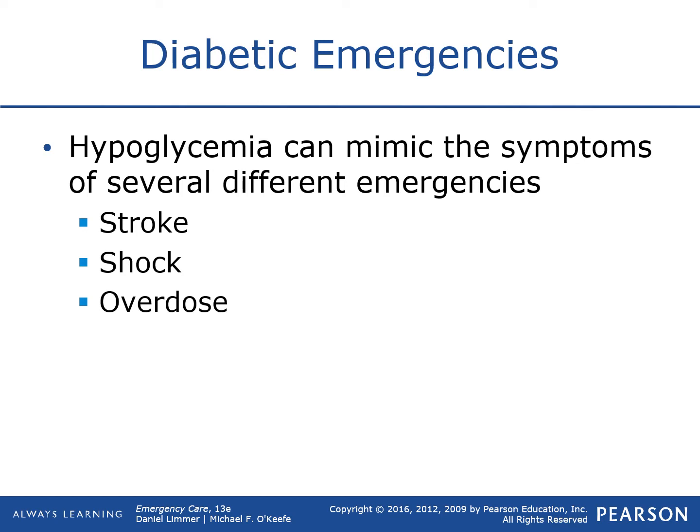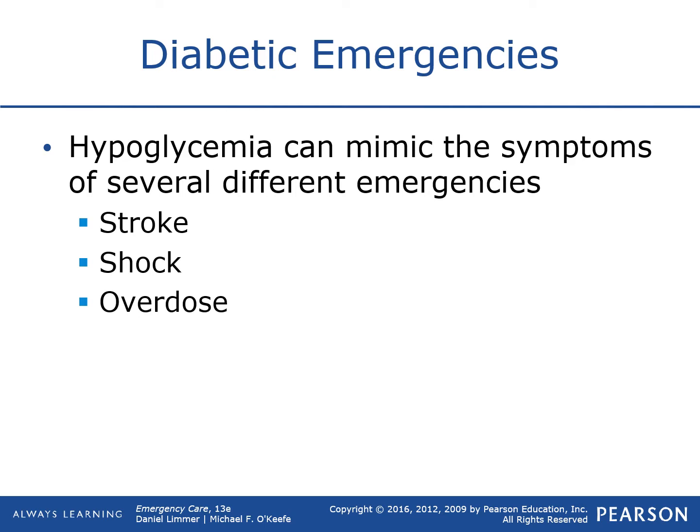Next one is shock. That's because hypoglycemia, people call it diabetic shock for a reason. Your body is going into a state of compensating. So like we said in the symptoms, you'll have tachycardia, you'll have rapid breathing, you'll have pale and sweaty skin. You'll think that, oh, this person's in a state of shock, and it's really being caused by low blood sugar levels.